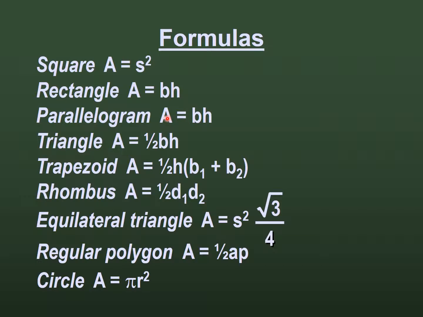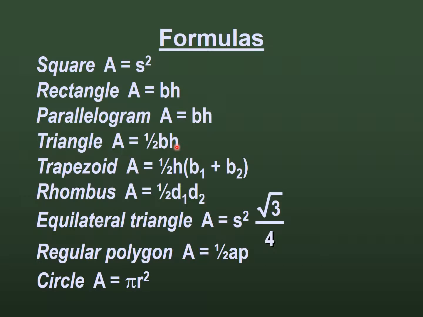The area of a parallelogram was equal to B times H, where B stood for base and H stood for height. So the area for a rectangle and the area for a parallelogram were the same. Then we learned the formula for a triangle, which is 1/2 base times height.